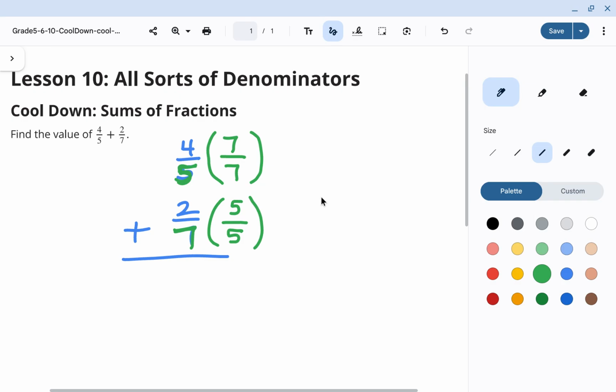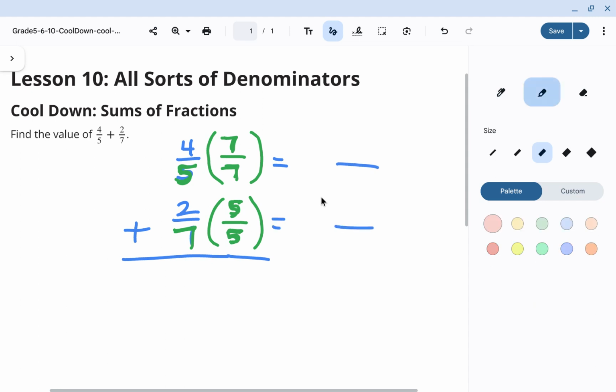We're just going to create an equivalent fraction because 7/7 equals 1, and 5/5 equals 1 as well. Anything times 1 equals itself. So we're not changing values here. That's why this strategy will work, and we will create an equivalent fraction.